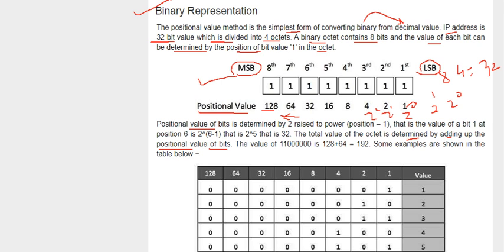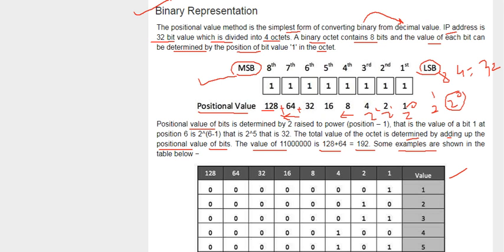So the total value we get for the octet will be simply the addition of these positional values, taking the powers of 2 starting from 2 raised to 0 up to n, depending on the size of the octet. So the value of 10000000 plus 01000000 is 128 plus 64, that is 192.